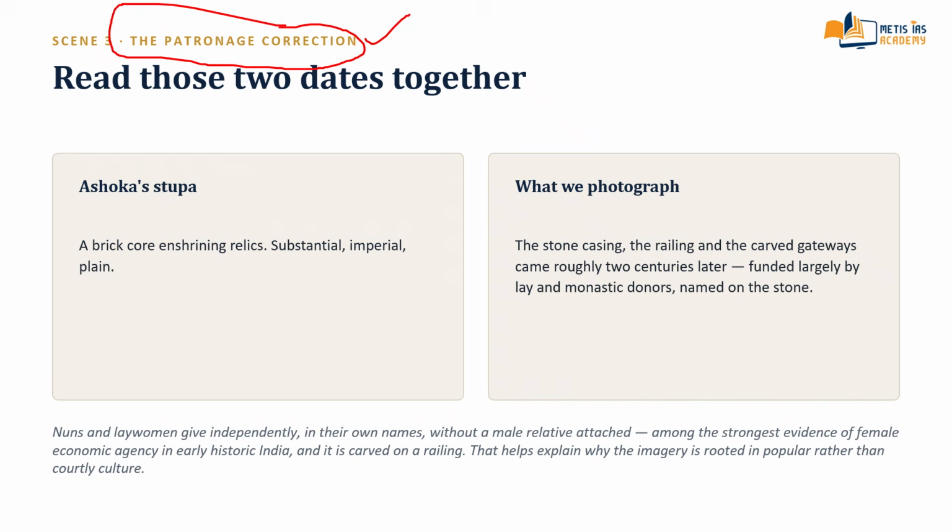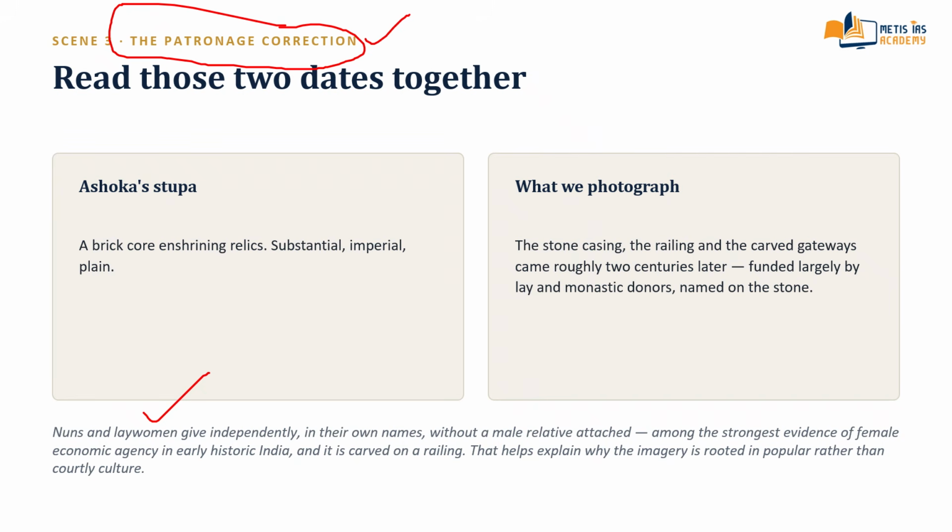One of the gateways recorded a gift from the ivory carvers of Vidisha, a craft guild paying for a monument in its regional capital's most important shrine. So these are mainly modest gifts, many of them aggregated.